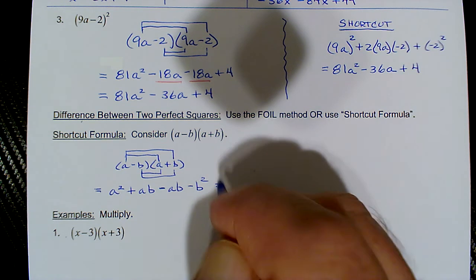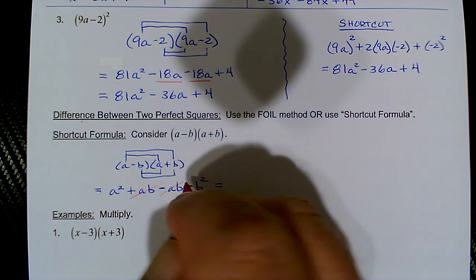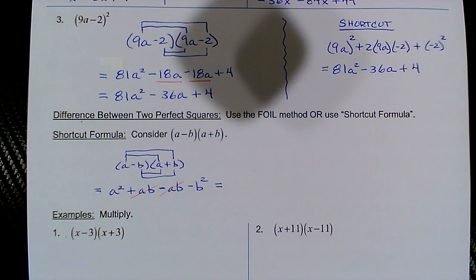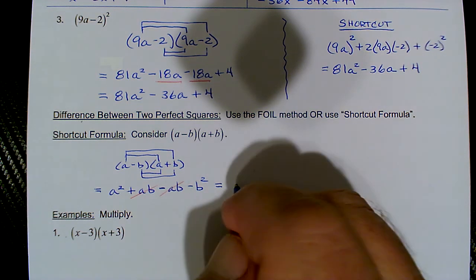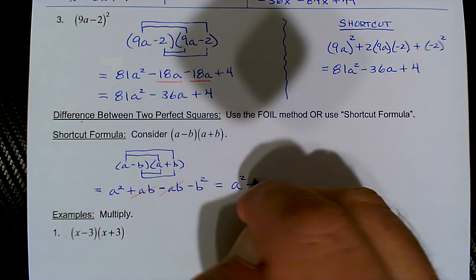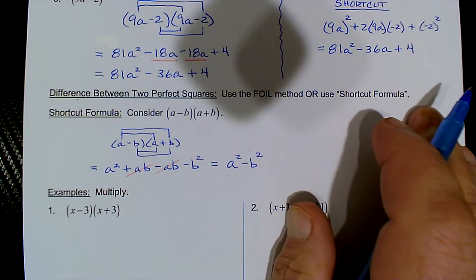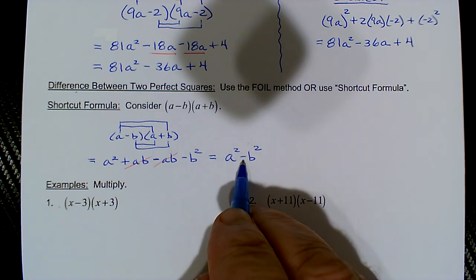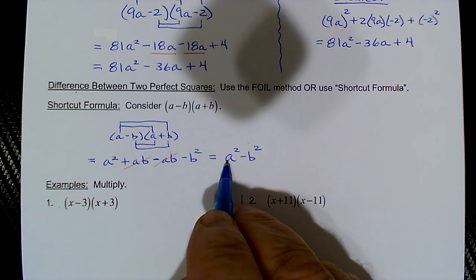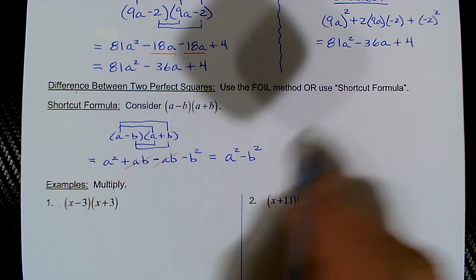So then notice that in this case, the outers and the inners actually cancel each other because they're opposites. And so therefore, we get a squared minus b squared. And that is why we call this the difference between two perfect squares, because there's the difference, subtraction, and a and b are both perfect squares, a squared minus b squared.